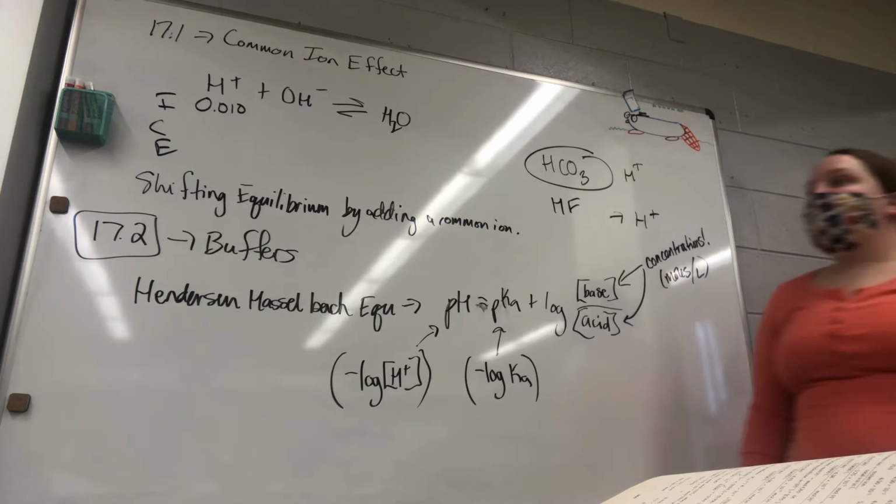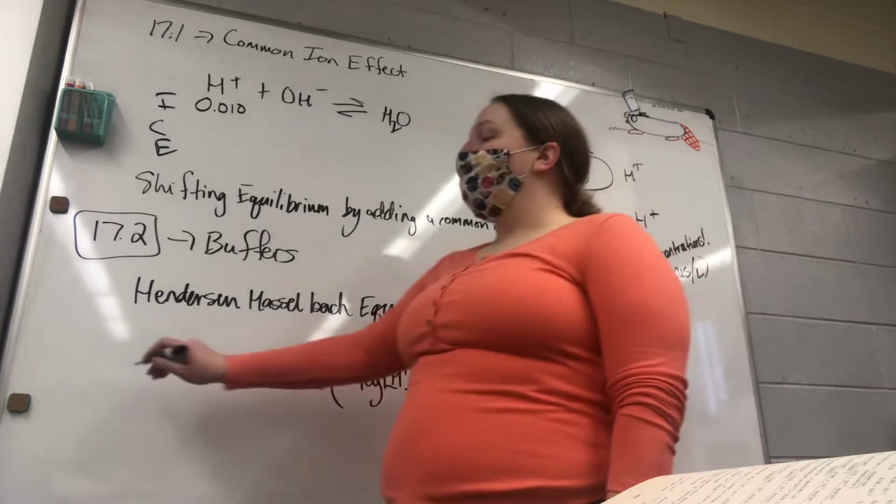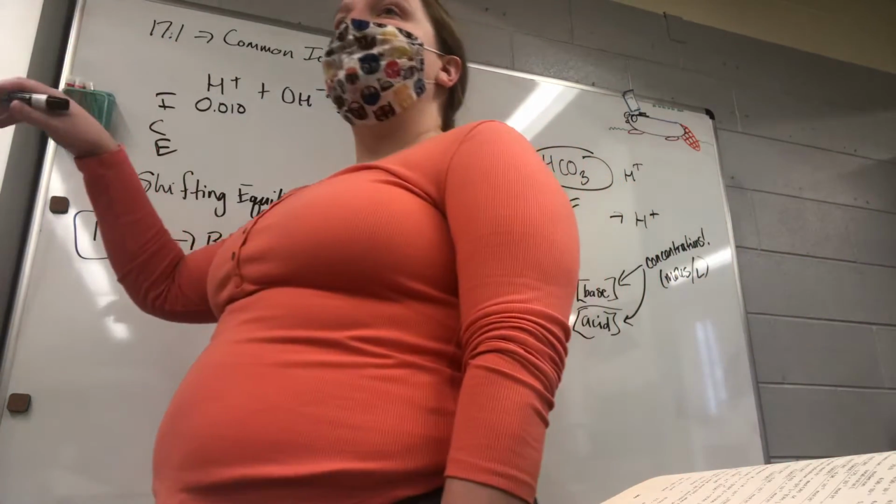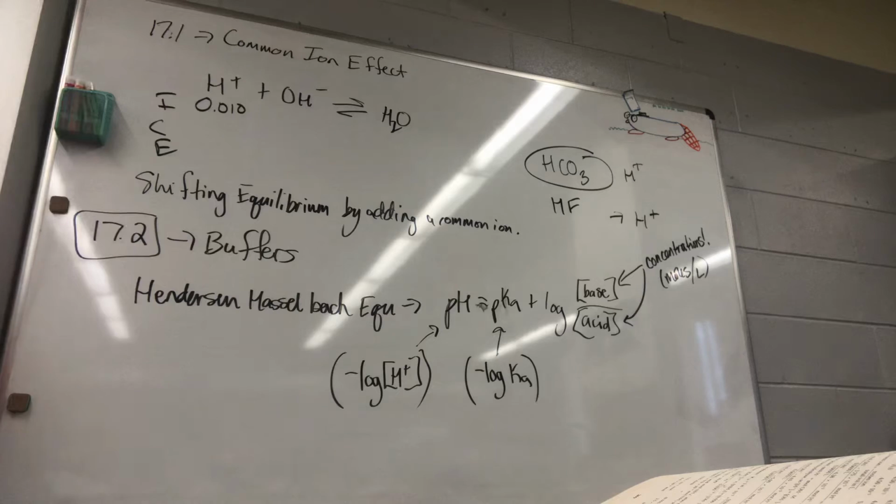One of the things we also talked about with buffers was polyprotic acids and how they are affected using the Henderson-Hasselbalch. So we saw something that had 2 protons initially, lost 1, and then the second proton is the one that was being removed.